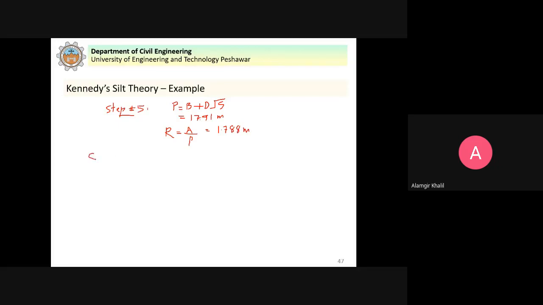And step number 6, we use the Kutter and Manning equation, this Chezy formula. We can also use Manning's equation, but actually in Kennedy's silt theory, he used the Kutter and Chezy formula. So step number 6 is you calculate C according to Kutter's formula. That comes out to be 49.554.